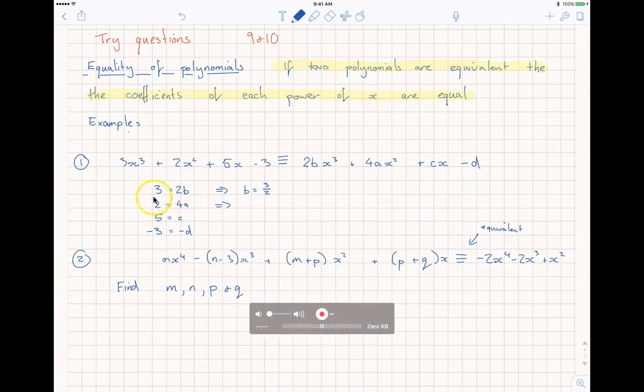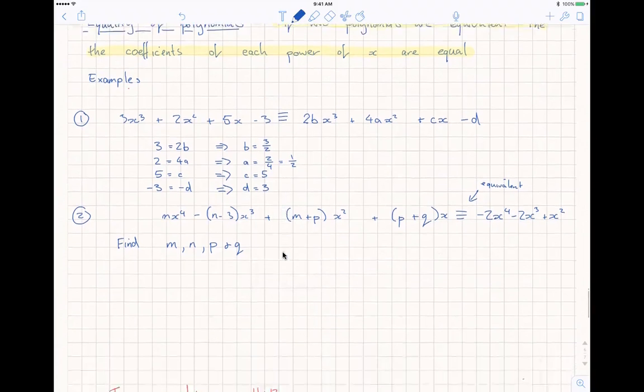The second equation, if we divide both sides by 4, we get a is equal to 2 divided by 4, which is the same as a half. C here is just equal to 5. Multiplying both sides by minus 1 here, we get d is equal to 3. And thus we found the values of a, b, c, and d. Slightly more complicated example.